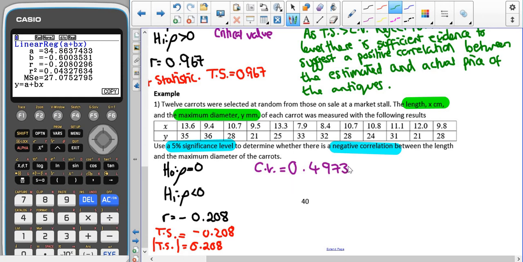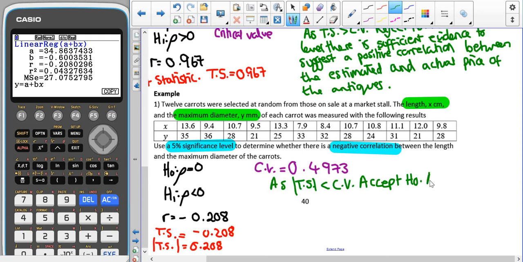as our critical value. So we don't have a strong enough correlation to suggest that we have a negative correlation. So this time, as our test statistic, and remember it's the size of the test statistic, so you need to put the lines either side of it, the modulus lines, is less than the critical value, this time we're going to accept H0. Now it's very important the way that we write the conclusion, so please pay attention carefully.